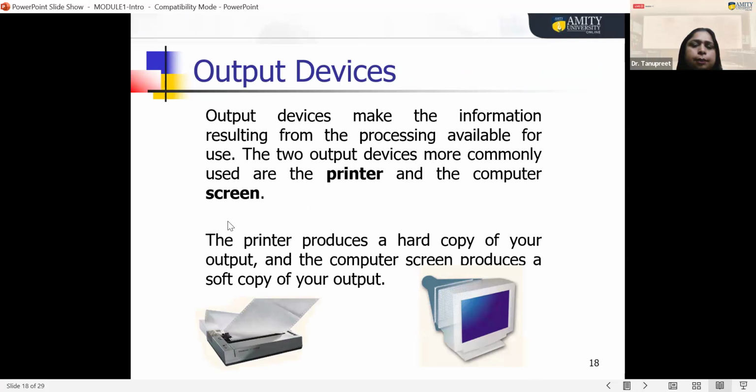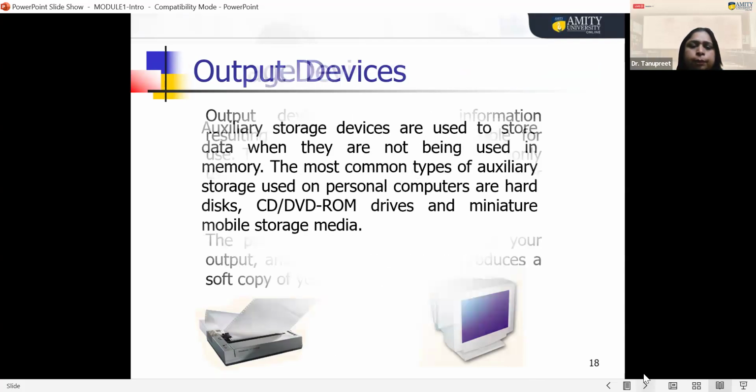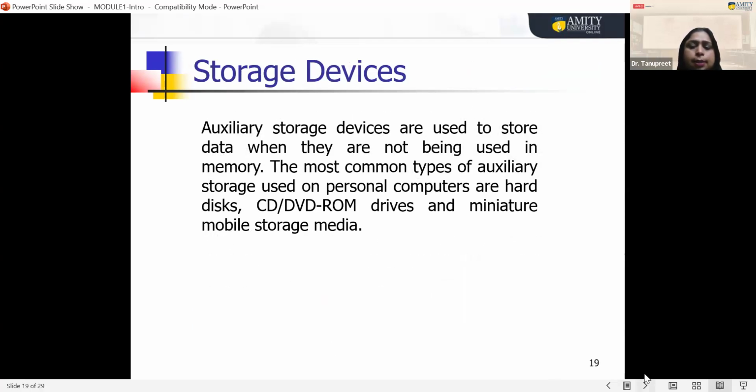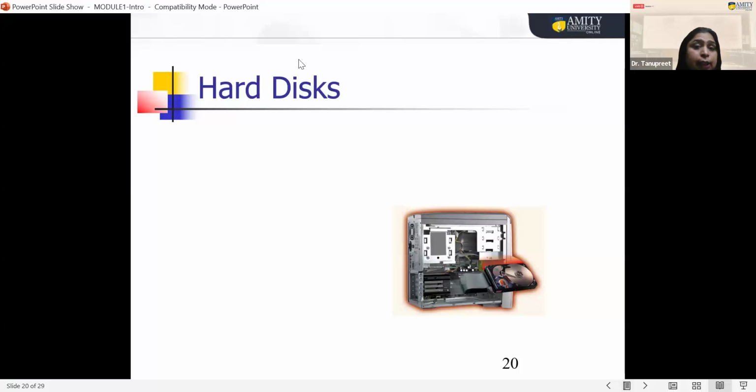It can be your monitor screen. Then let's discuss the storage devices, and specifically, learners, the secondary or auxiliary storage. You can get a question in the examination by the name of secondary storage, or by the name of auxiliary storage.